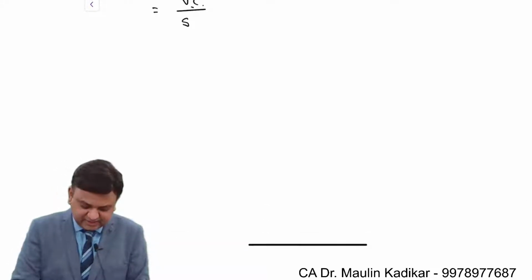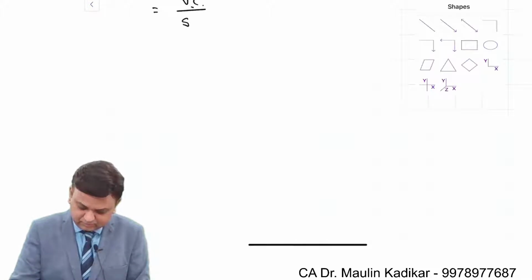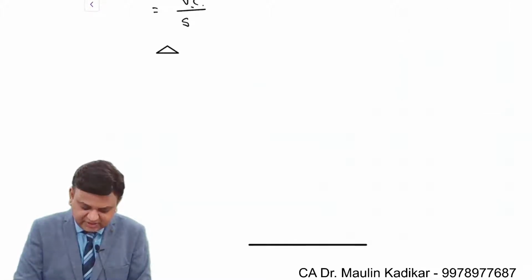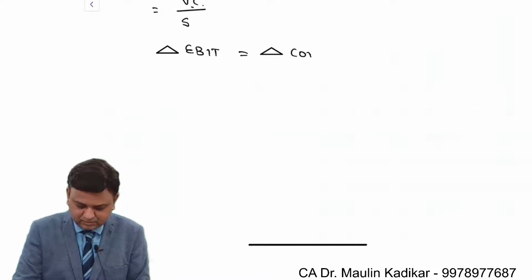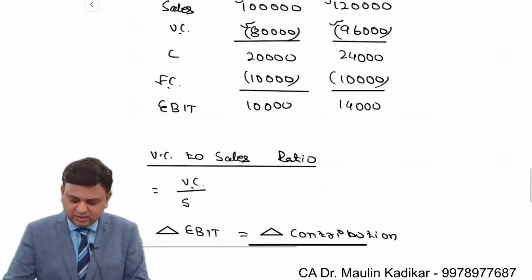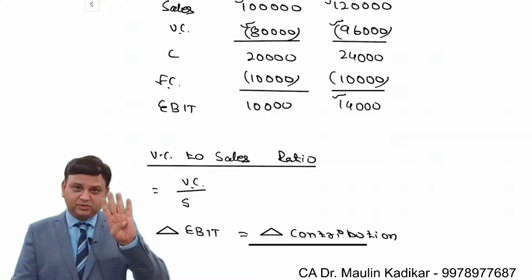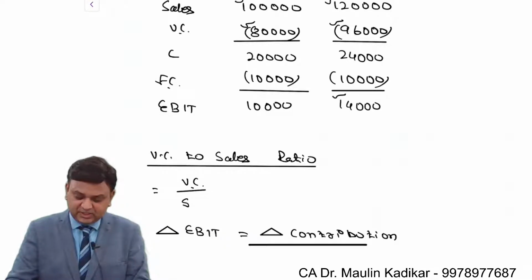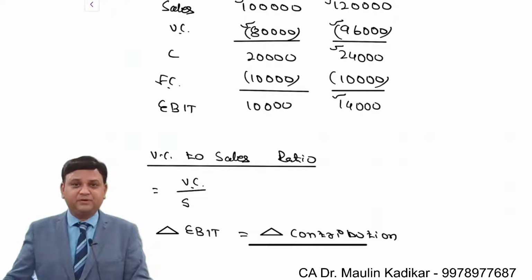Now we understand that change in EBIT is equal to change in contribution. You can see that EBIT changes by 4,000, which is nothing else but the change in the contribution by 4,000.